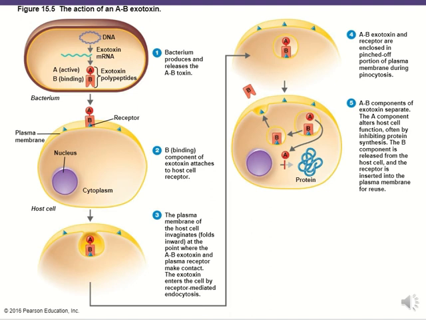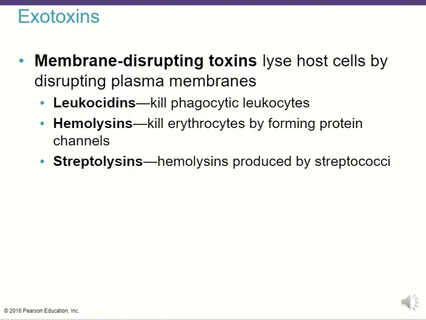Essentially, these work to help spread or move a toxin from one cell to another. There are types of toxins that disrupt the membrane by lysing the host cells, which basically means ripping open the plasma membrane.